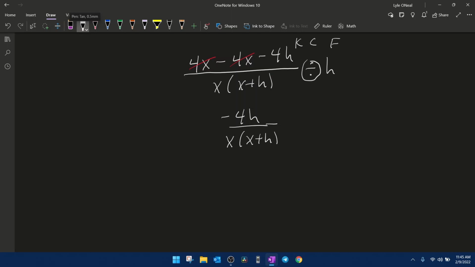Anytime you have division with fractions, you're going to keep the first fraction the way it is, change to multiplication, and the h, which is understood to be h over 1, we're going to flip it. And then we can reduce. We have a common factor of h top and bottom. And my final answer for the difference quotient is negative 4 over x times x plus h.